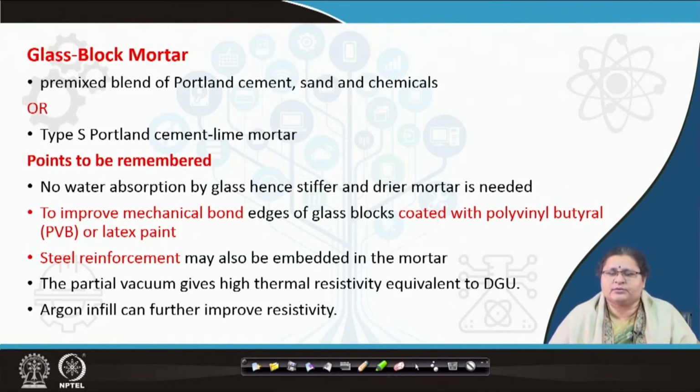Sometimes windows are also made of glass blocks. If somehow you can infill argon, further thermal resistivity can be achieved. However, these have more applications in countries which are very cold, where they are facing minus 20 to 40 degree centigrade temperature, whereas you have to maintain the inner 23 to 26 degree positive temperature.